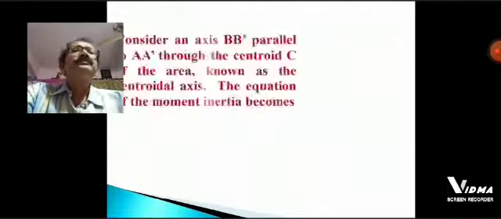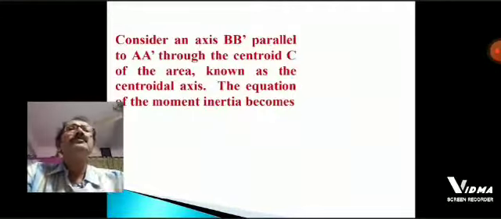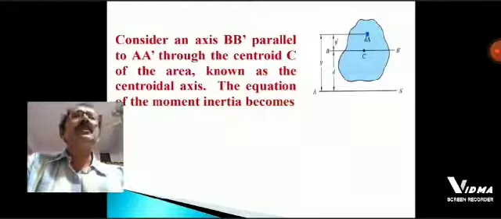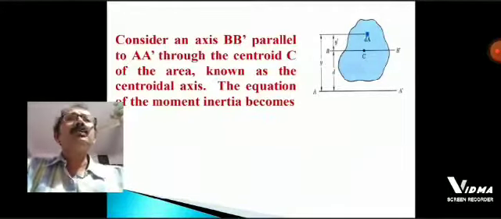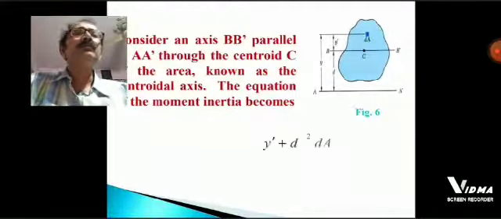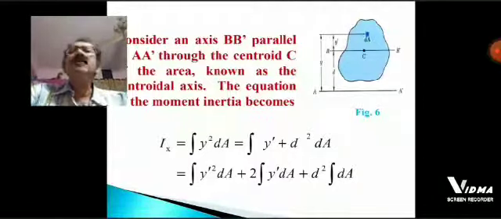Now consider an axis BB dash parallel to A dash through the centroid C of the area, known as the centroidal axis. The equation of the moment of inertia becomes Ix equals integration y square dA.